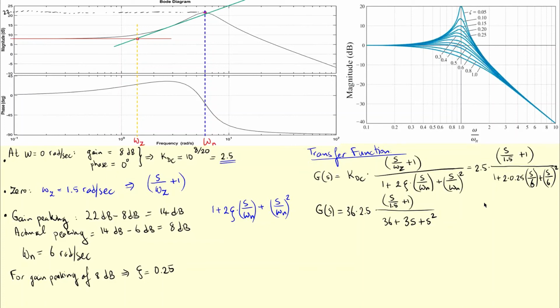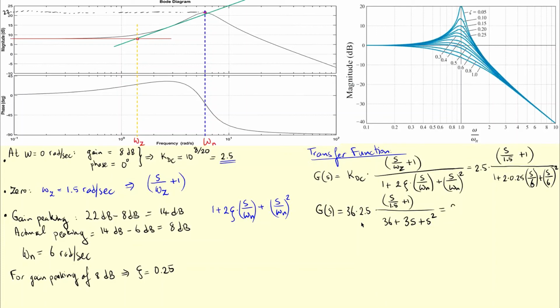Okay. The next step is, as you can see here, we would like to have this 1.5 also gone, because I would like to isolate the s. This value we can also calculate. It is just 36 times 2.5. It is actually 90, so we can already write it down.